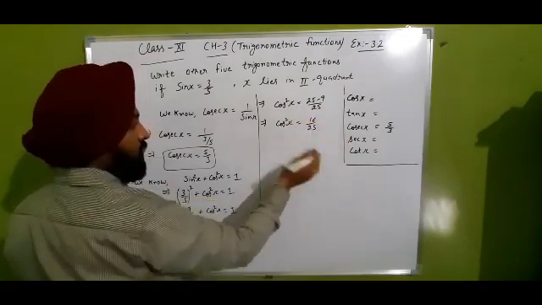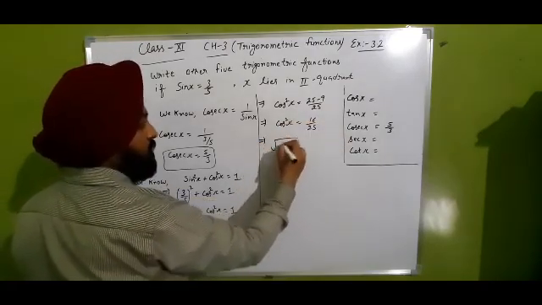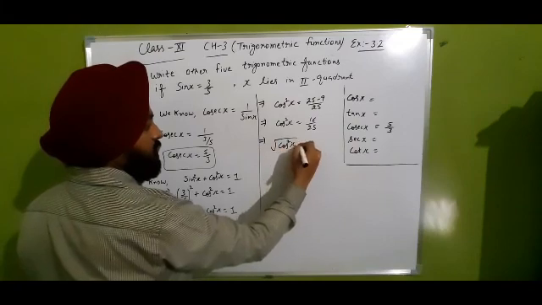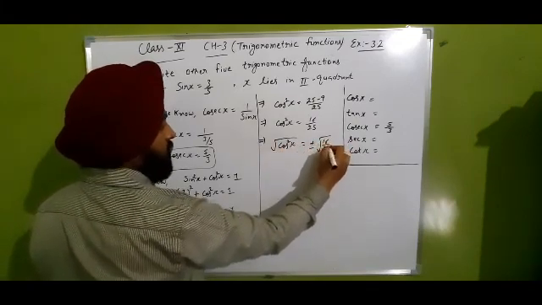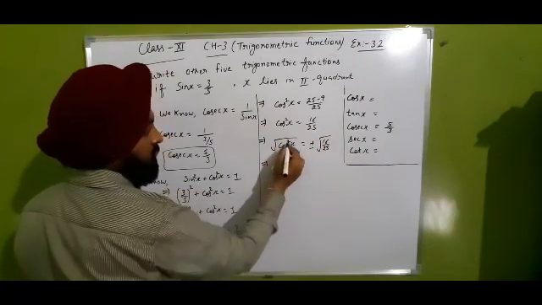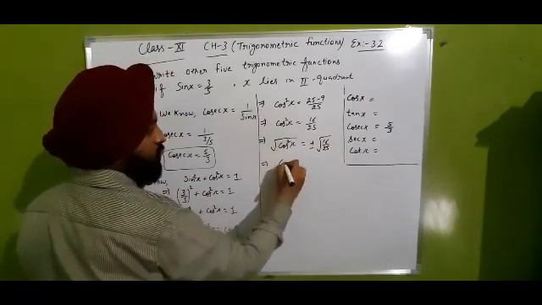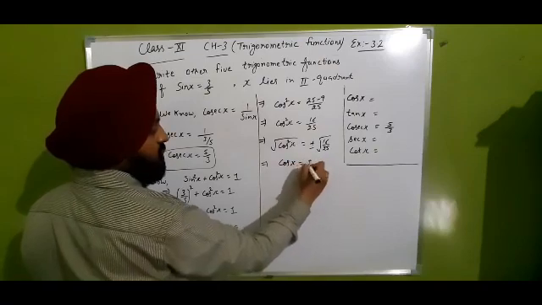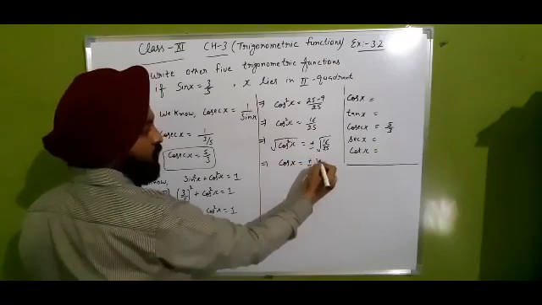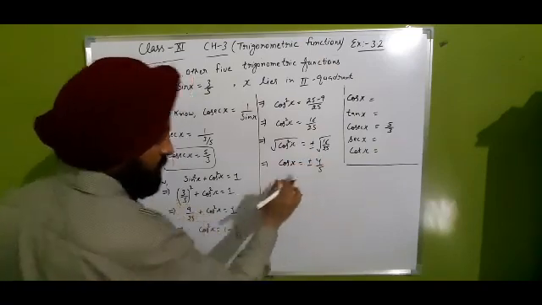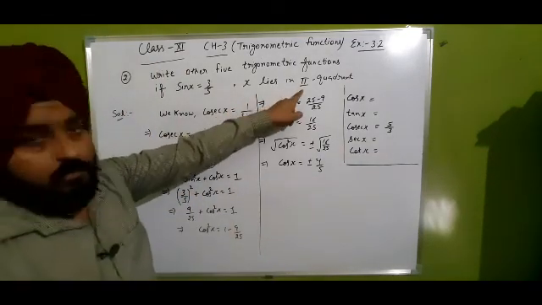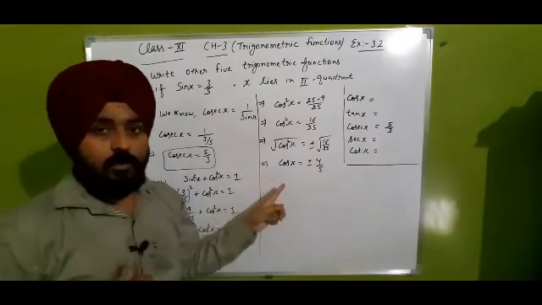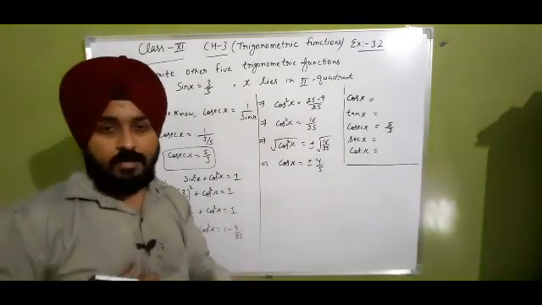Now take the square root on both sides. Square root of cos square x equals plus minus square root of 16 over 25. Clear? The square will be cancelled with the root, so only cos x equals plus minus, yes बच्चे, root value 4 over 5, plus minus 4 over 5. Now check here, x lies in the second quadrant, and in the second quadrant is cos x positive or negative?